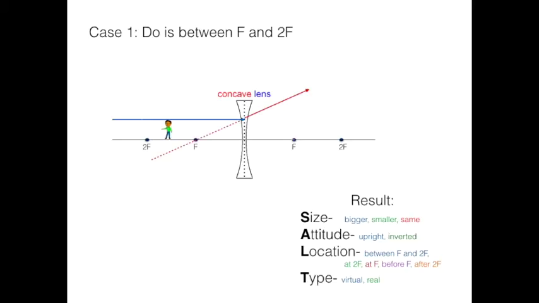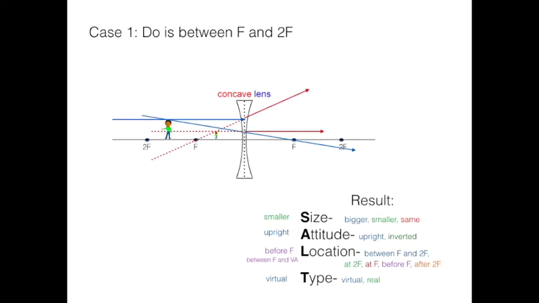Next, rule number 2, another line passing to the focal point on the other side will refract passing parallel to the principal axis, and upon extension, we could observe that the image that is being formed has the same characteristics as the previous one. So it is still located before F, between F and the vertical axis, a smaller type of image, an upright image, and a virtual image.